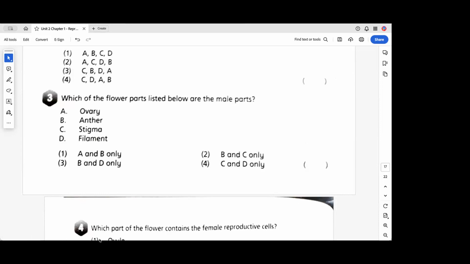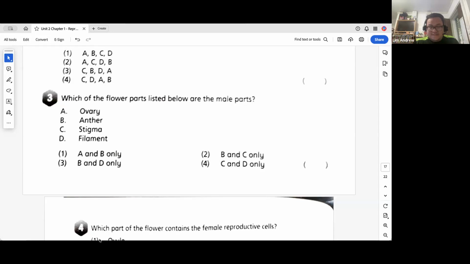So the answer for number 3 is? Sorry? Okay, then I'll get another person now. Hi, Mia, is it? Good morning, Mia. Hi, good morning. So, what's the answer for number 3?